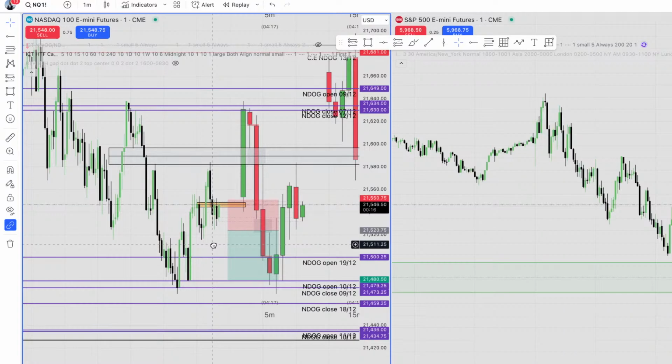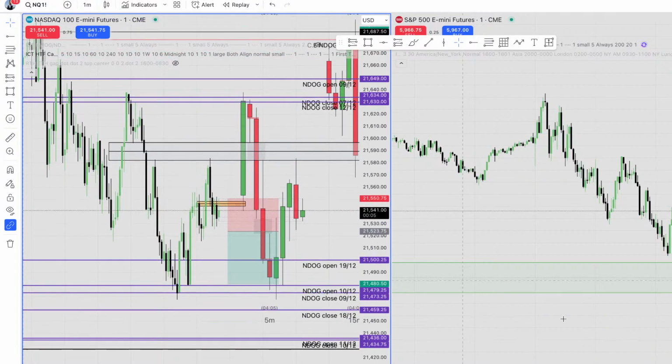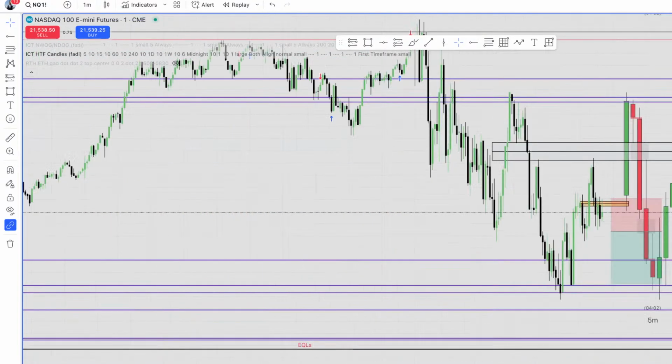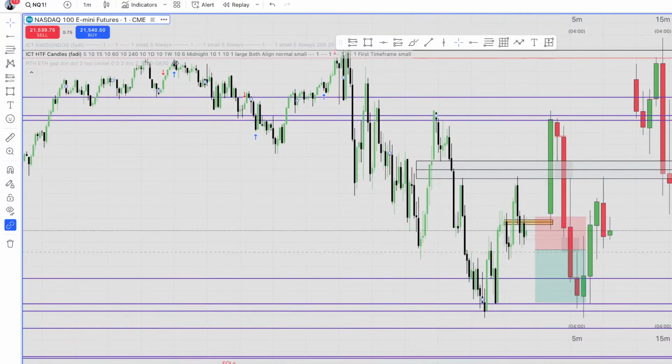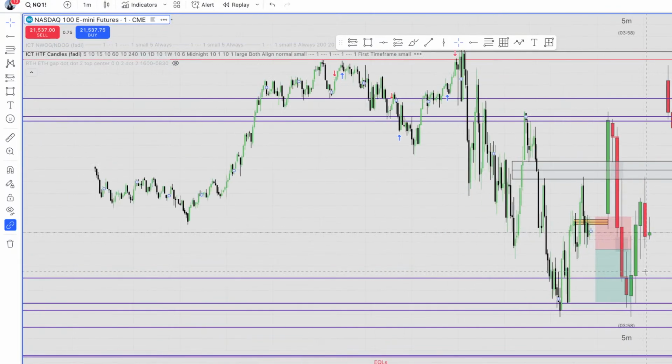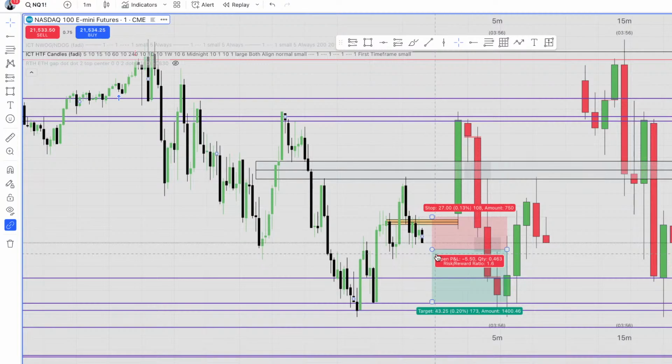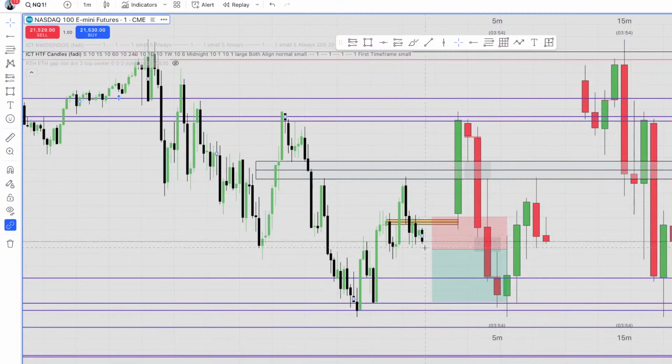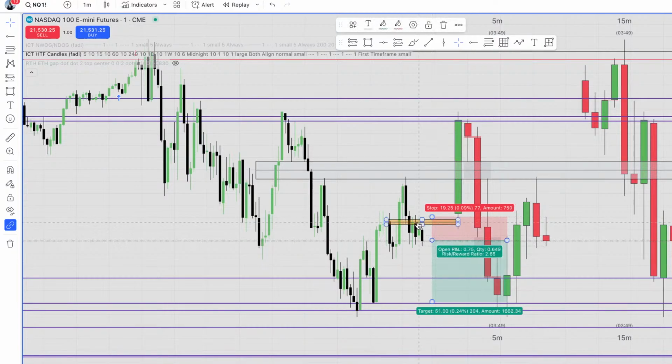Just don't do that. And that color, that's a fair value gap. I'm assuming it's an inversion, so let's see if it's respected. Now it's respecting it. Now it's absolutely respecting it. Okay, so this is the new candle. Okay, it's fine. I'm still fine. The inversion is being respected here. We touched the 5-minute fair value gap.